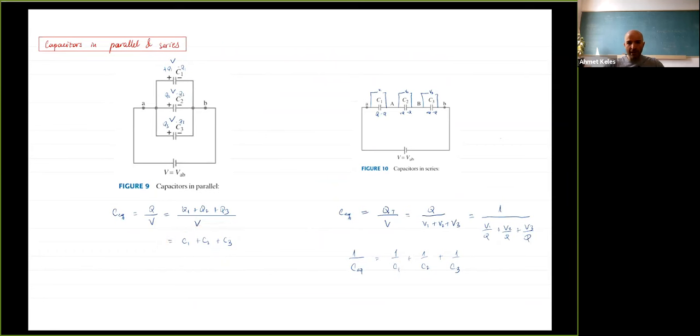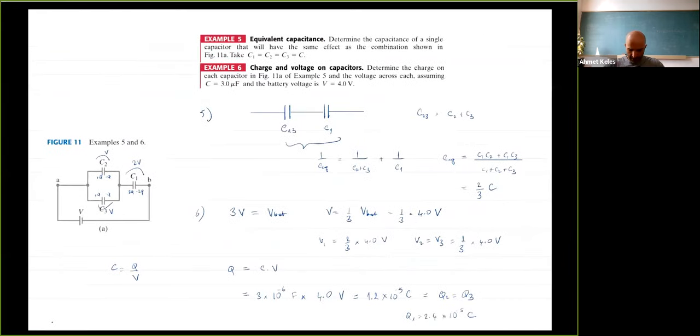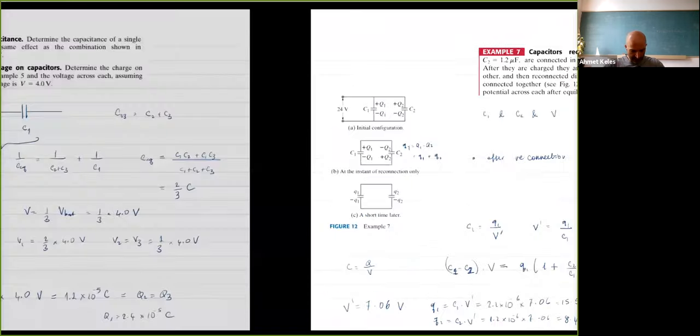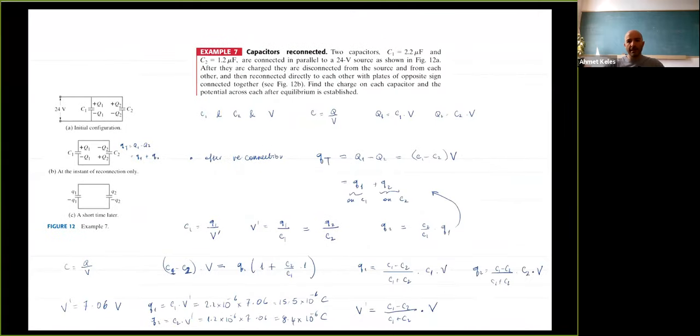And when they were connected in series, you have to do an inverse summation. Basically, 1 over C equivalent was equal to 1 over C1 plus 1 over C2 plus 1 over C3. We did some exercises for that and we did some more exercises.